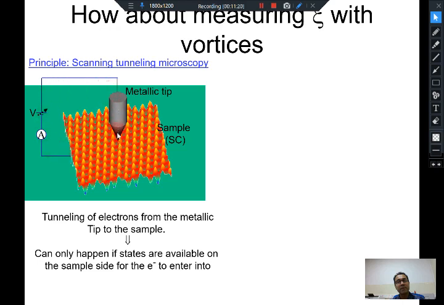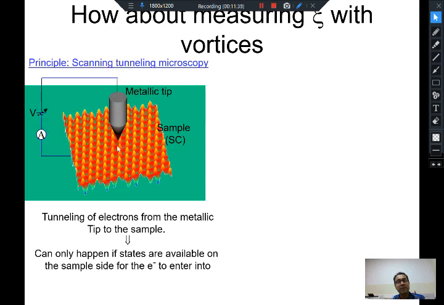There is a very small gap between the tip and the surface, and whenever there is quantum mechanical tunneling of an electron from the tip to the surface, you get a current.